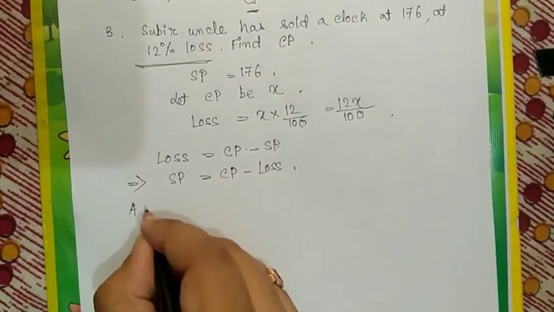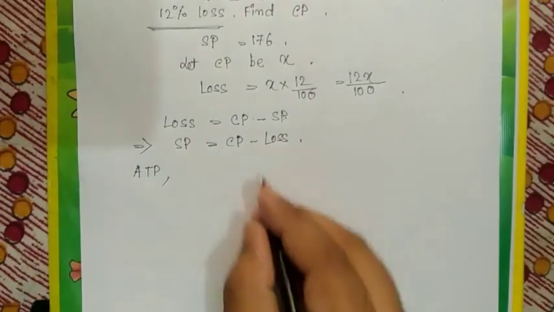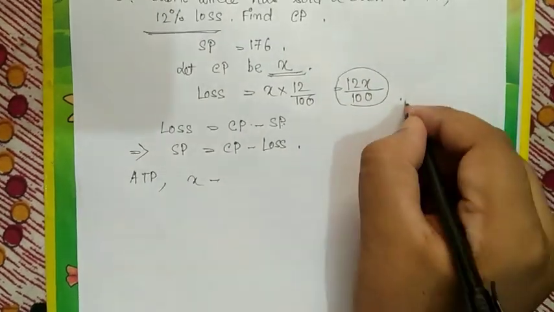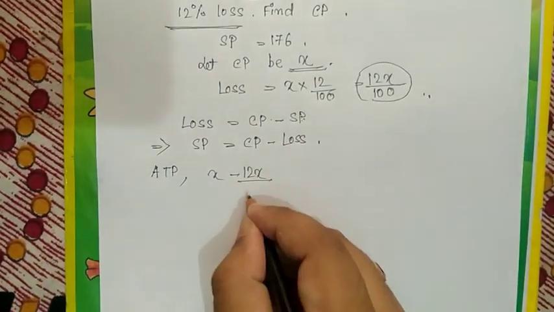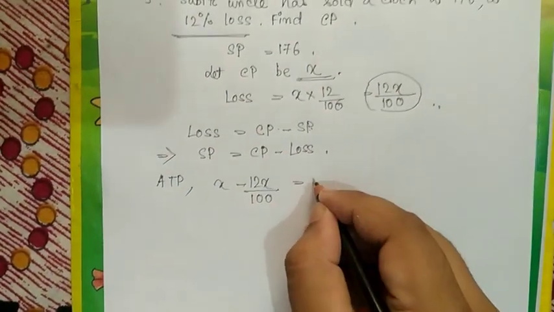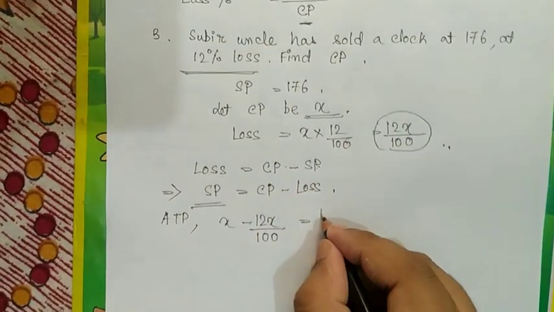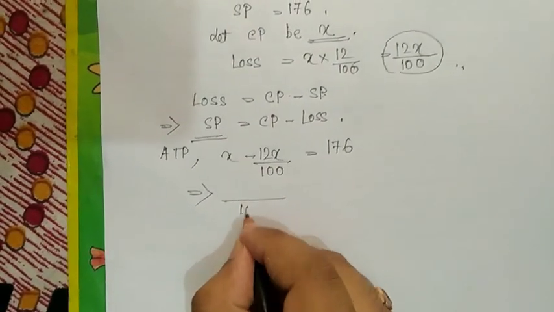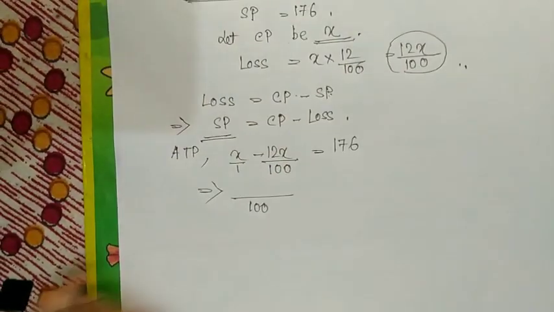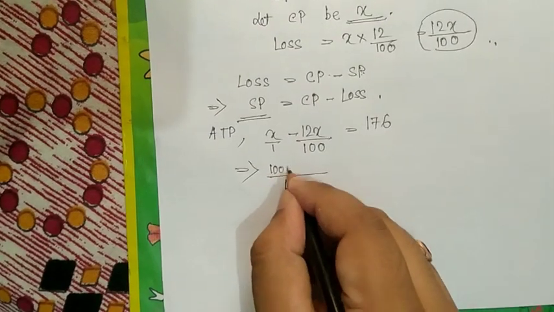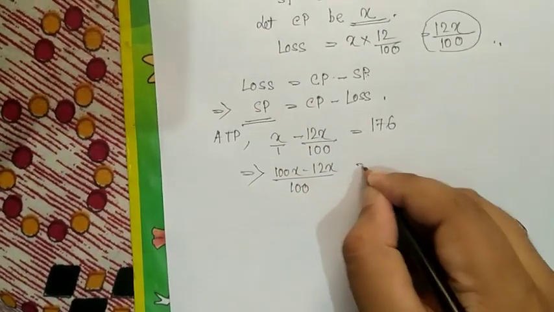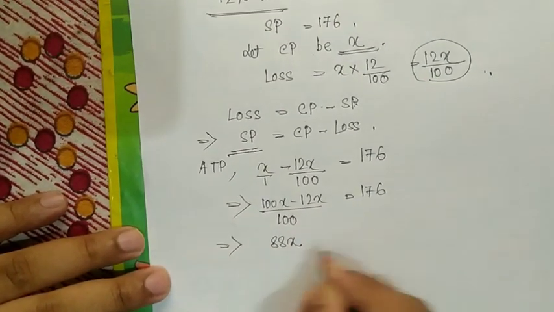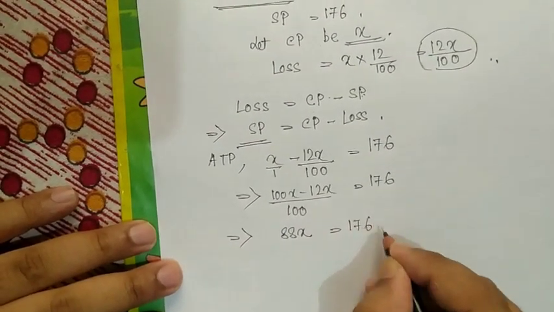So according to the problem, CP means X minus loss means 12X by 100 equals SP means 176. LCM is 100. 100X minus 12X equals 176. 88X equals 176 into 100.